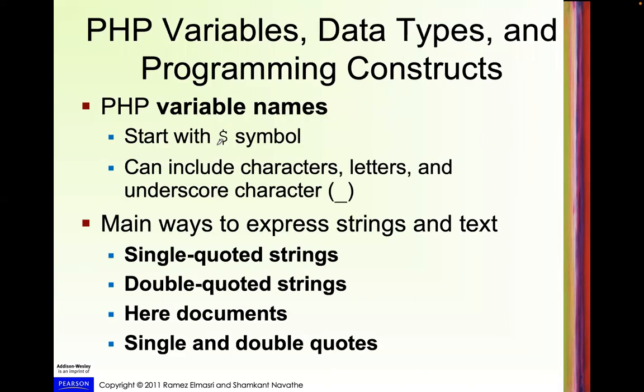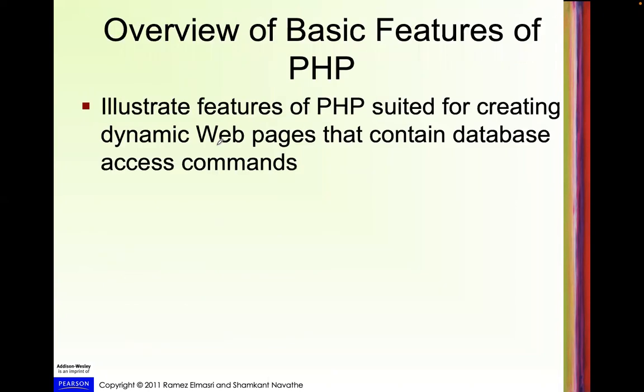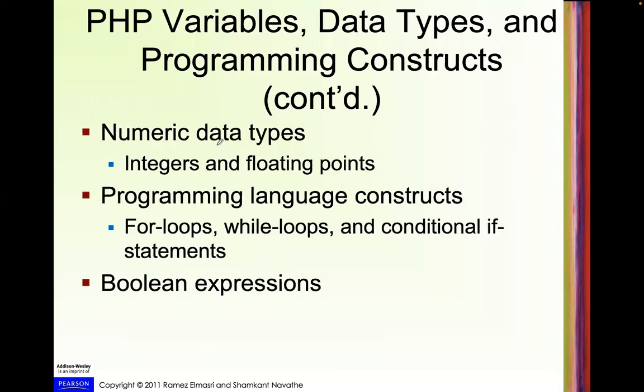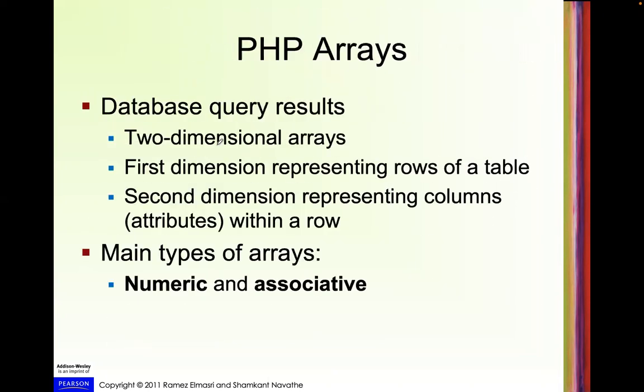Now let me tell you how an array looks like. PHP array. I'll go back again here, but let me talk about PHP array. A PHP array can be of two types, numeric and associative. Think about that when we're talking about a database query result.